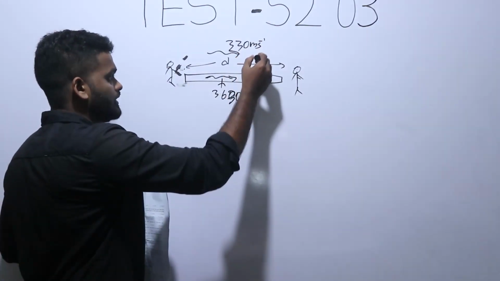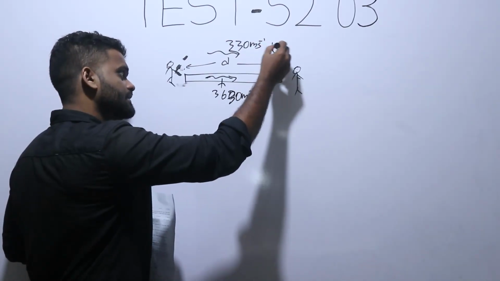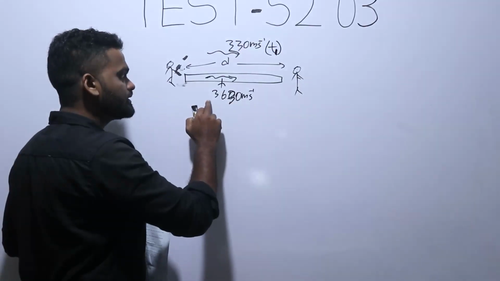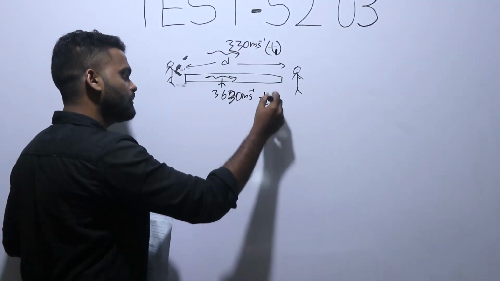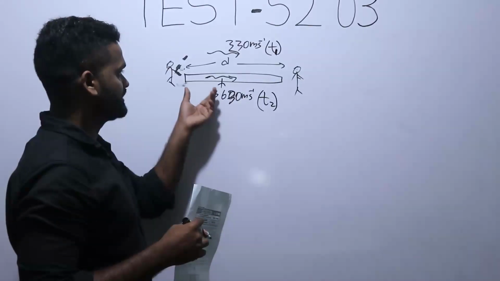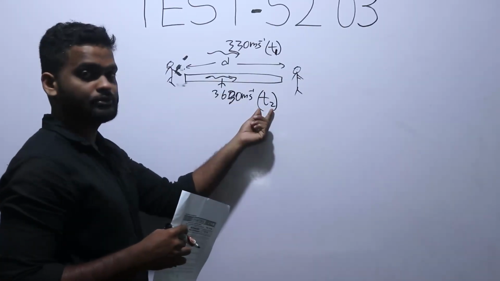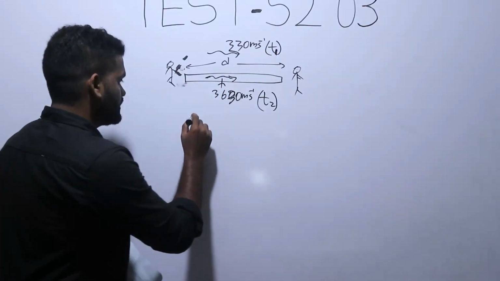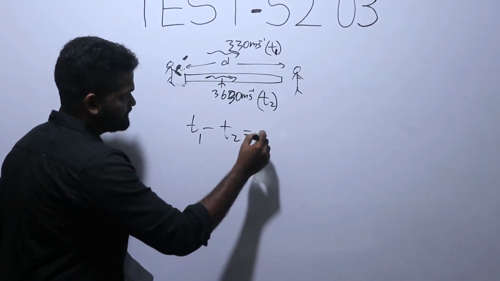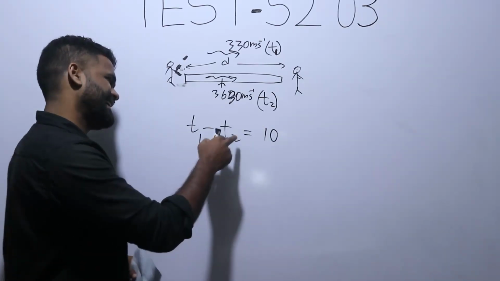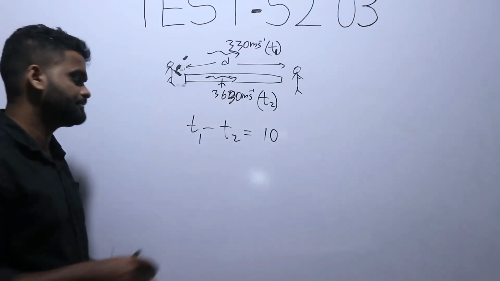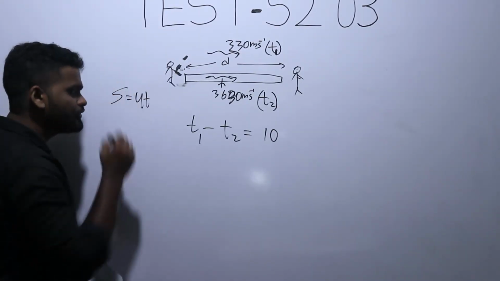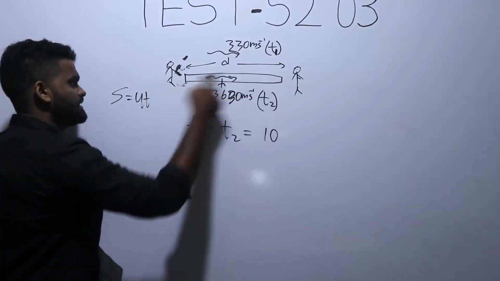Right. So what this has is a time gap. Let's say the sound in air takes t1 amount of time, and the sound through the metal pipe takes t2 amount of time. So this reaches quickly, so this value should be the smaller value. This is the larger value. So t1 minus t2 should be equal to 10 seconds. That time gap should be equal to 10. You know that s equals ut. S is the same distance, it doesn't change.